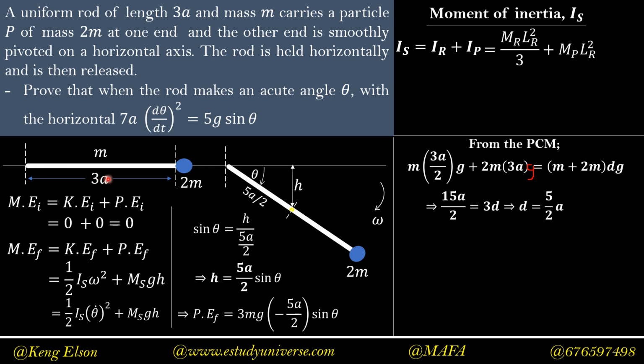Because you can see this horizontal here, that was in the initial case, it was a horizontal axis, but now the rod, according to the equation, the other end of the rod is smoothly pivoted on a horizontal axis. So for this system to actually be rotating in a vertical plane, this axis must be perpendicular to the rod. All right, the axis must be perpendicular to the rod.